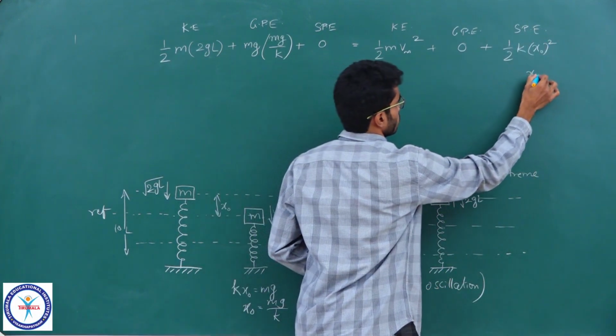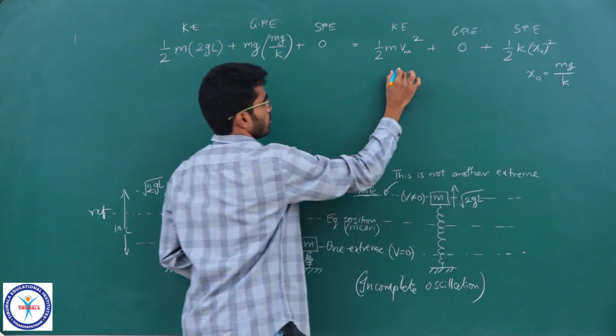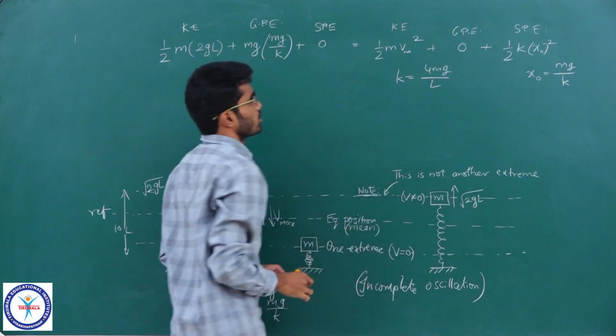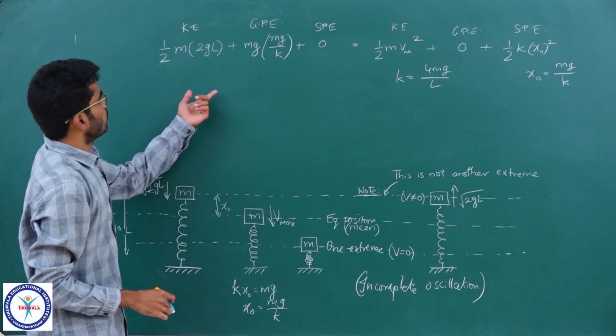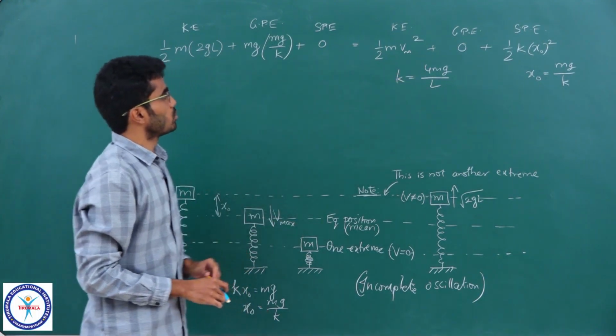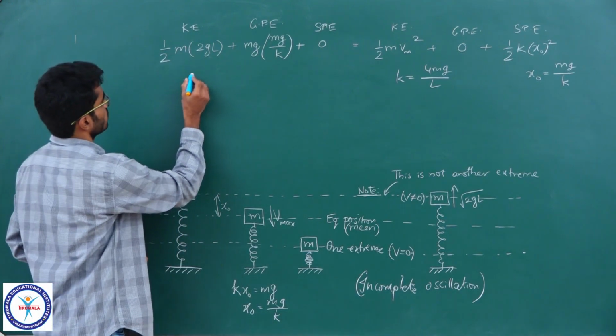Here x naught is mg by k, and k is given as 4 mg by L. So, we know the k value, we know x naught. So, substituting for all these values, let us solve this.